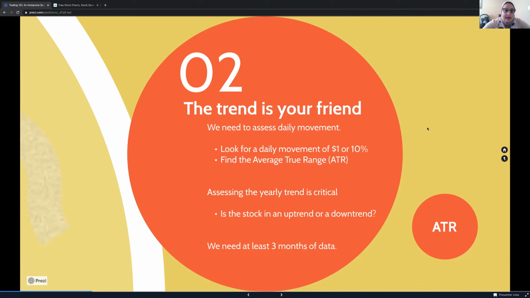So you want to look at the daily range, okay? What is the daily range of a stock? The daily range is the difference between the daily low and the daily high. The lowest point of the day and the highest point of the day, that is called the true range, right?